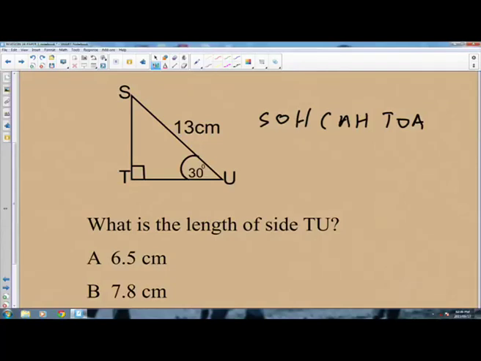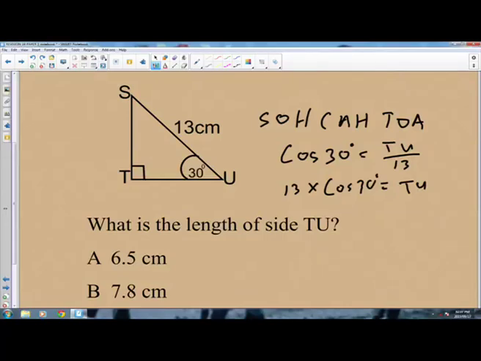The cosine ratio is adjacent over hypotenuse. The cos of an angle, that is the cos of 30 degrees, will be equal to the adjacent. The adjacent is TU divided by the hypotenuse. And then what is the hypotenuse? It is 13. This simply means TU is equal to 13 times the cos of 30 degrees.